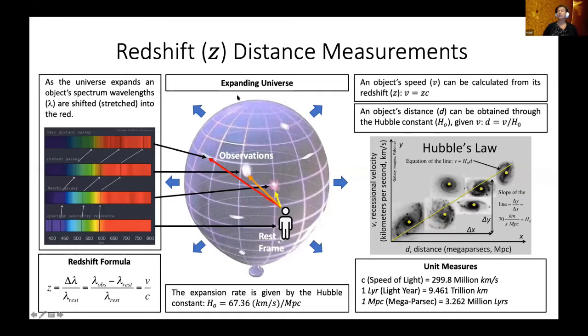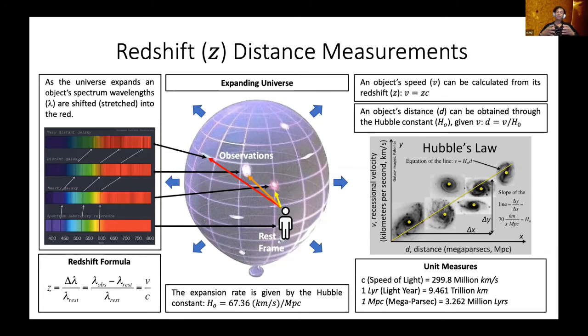Now astronomers like to measure things in redshift distance measurements. So I'm just going to bring this into focus. Basically, if you remember the idea of the Big Bang, you can think of a balloon that if you blow up, it expands. And if you draw little galaxies on the balloon, they separate. That rate of separation is like our universe, but you have to imagine it in 3 dimensions on some hypersurface.